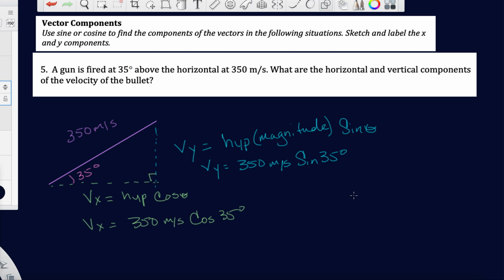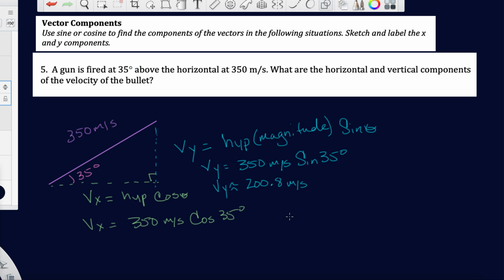350 sine 35 and 350 cosine 35. So 350 sine 35 is 200.8, just about. So Vy is just about 200.8 meters a second.